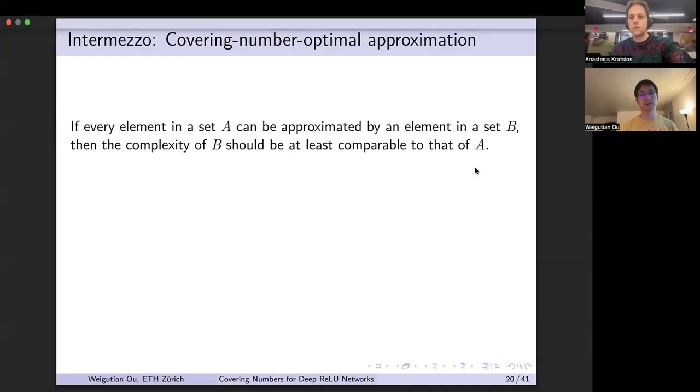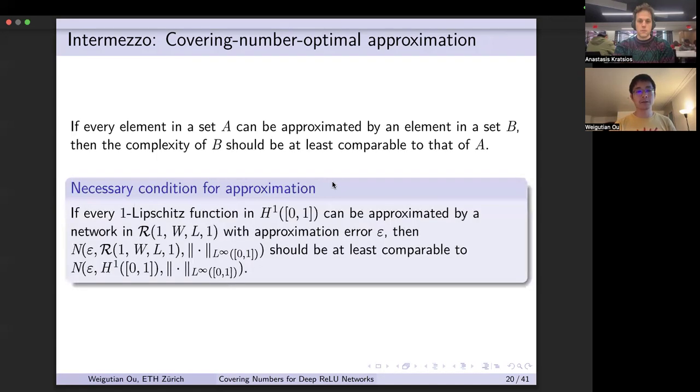The intuition is very simple. That is, if every element in the set A can be approximated by an element in the set B, then the complexity of B should be at least comparable to that of A. It makes sense since you couldn't put 1 liter of water into, say, a 500 milliliter bottle.